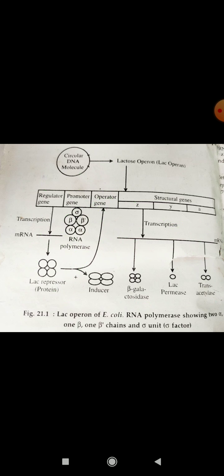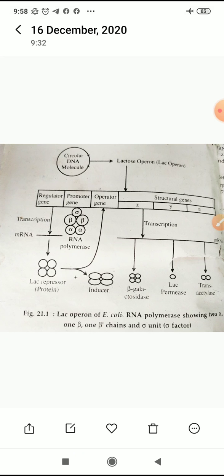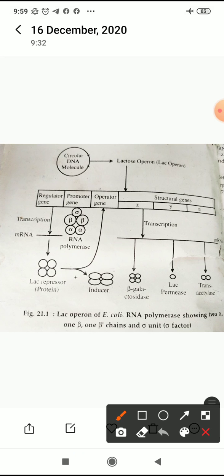So like this, the regulator gene, when it transcribes, produces mRNA.